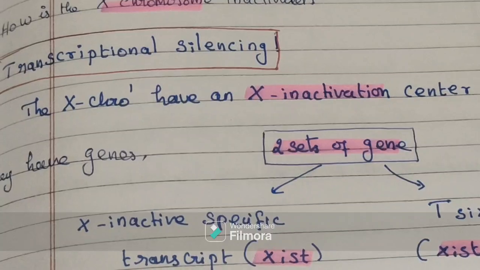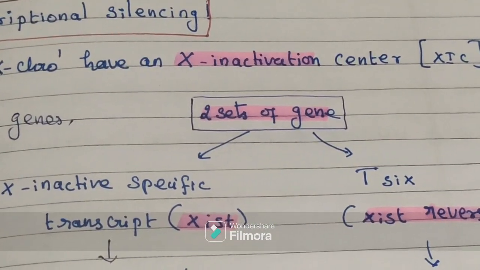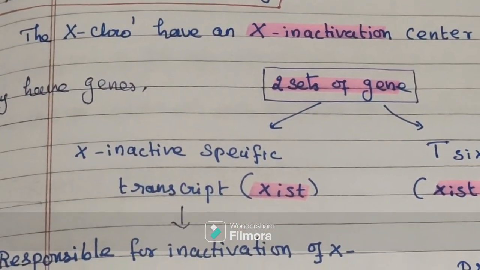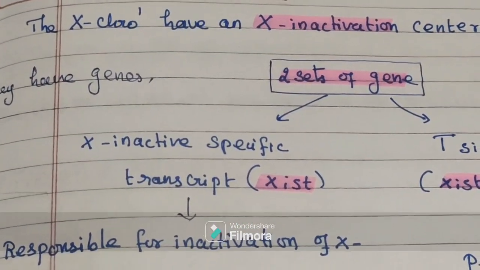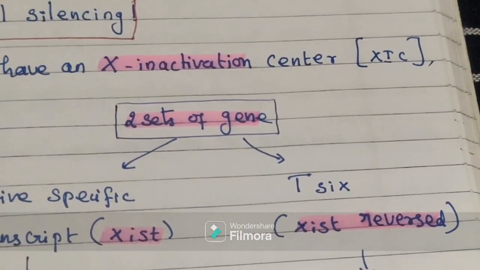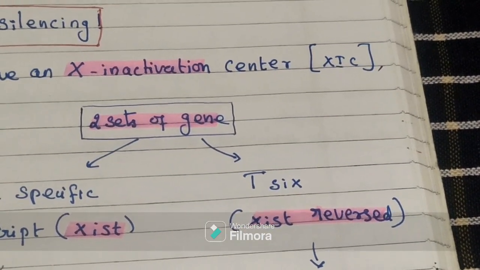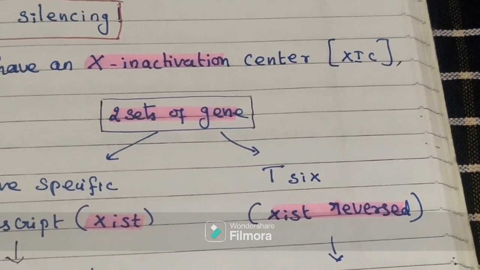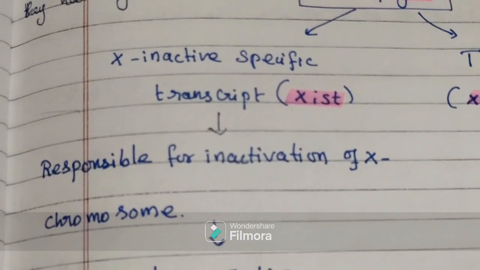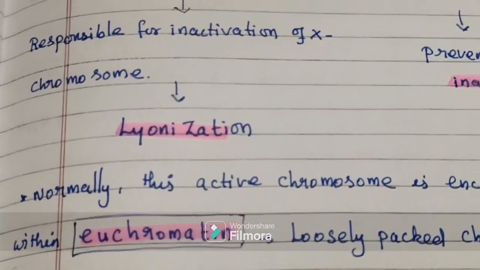It has two sets of genes. One is XIST, the inactive specific transcript. Another one is TSIX, the reverse. This inactivation is known as lyonization.